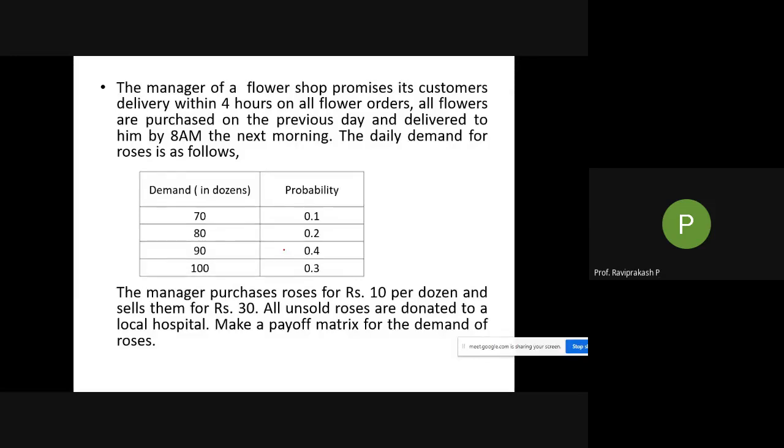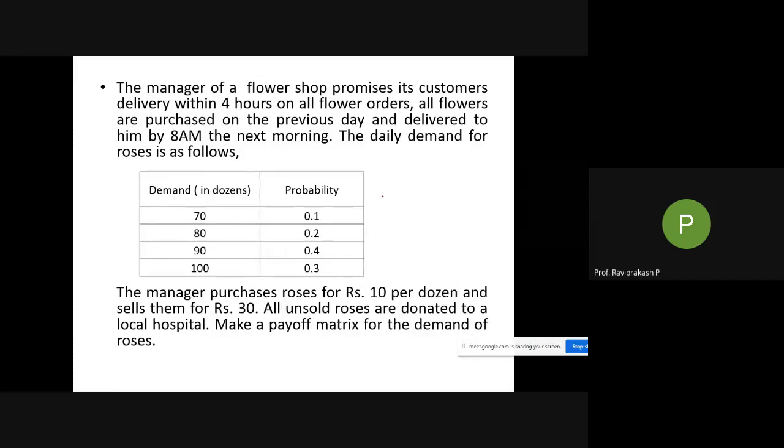The probability should be present in your payoff matrix, but it will not be multiplied or added for making it.